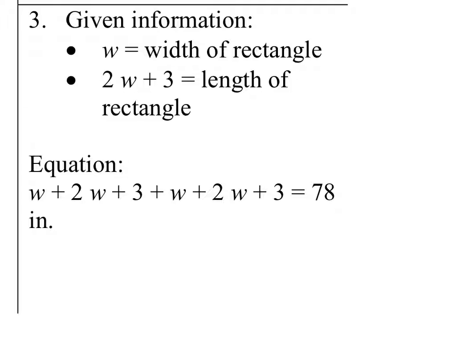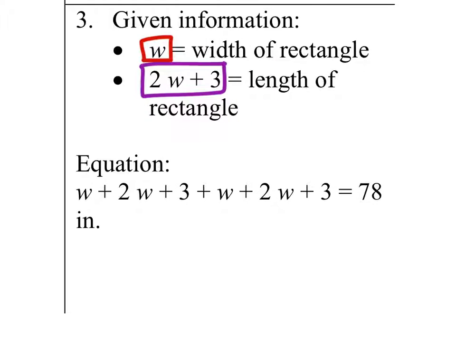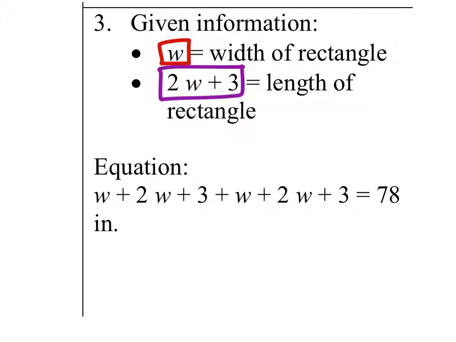Here we have the width of a rectangle, W, and then we got 2W plus 3 equals the length of a rectangle. So if we look at these, we have our width, which is just W. That's very convenient. And then the length is this 2W plus a 3. And we can find that all over in this equation, right? We got this W, and then 2W plus 3, and then this other W, and then this other 2W plus 3.